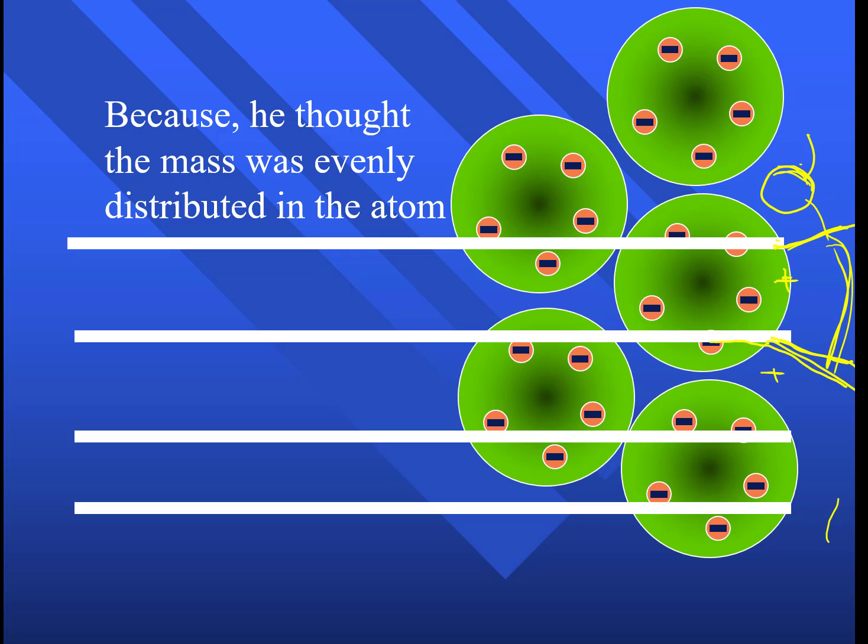So he's looking to spread out alpha particles, and from how much it spread, he was going to be able to figure out how big the atom was. That was the goal of his experiment. Okay? So this is why he's setting it all up.